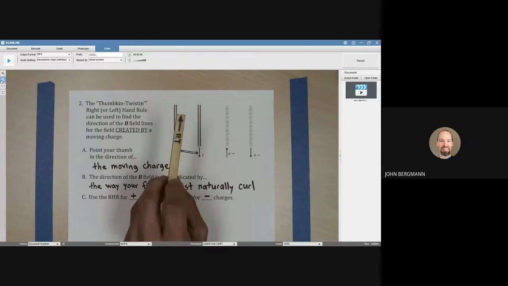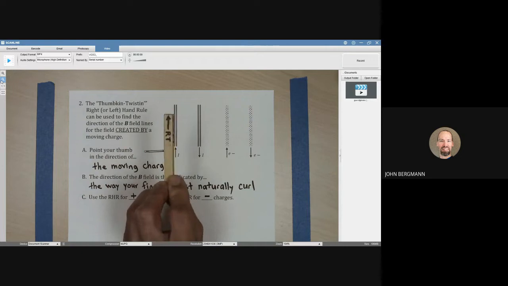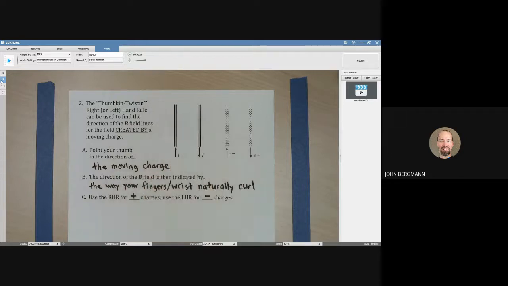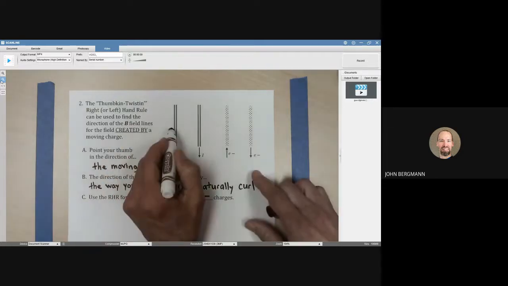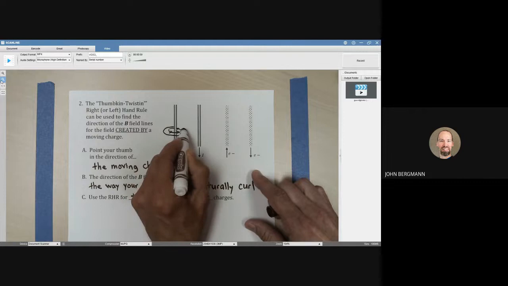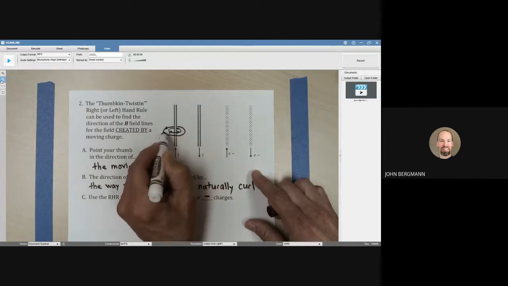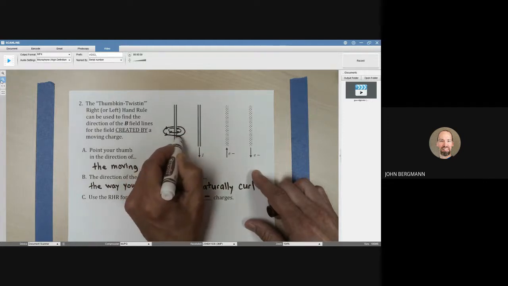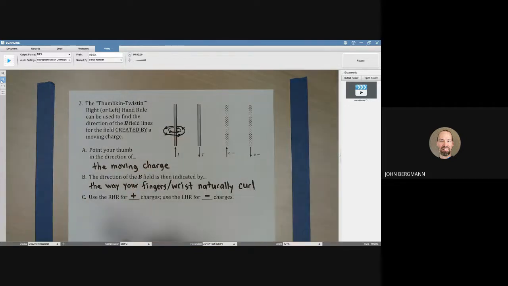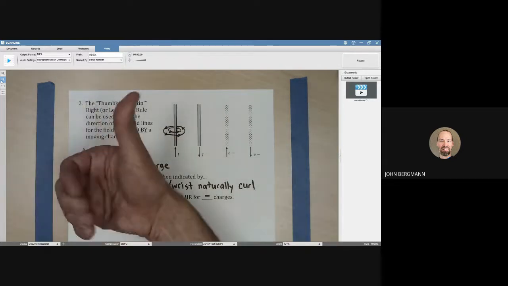For that leftmost diagram, we're going to have magnetic field lines coming towards us on the left, and then it circles in front of the charge, and then on the right side, it's going away from us. I'm trying to indicate that the field lines are closer to us up here, and then they go behind. We've used our right-hand rule for that.